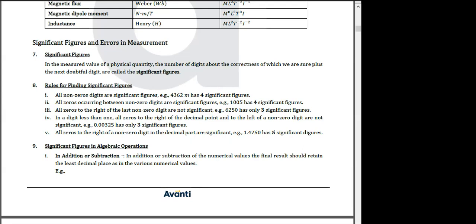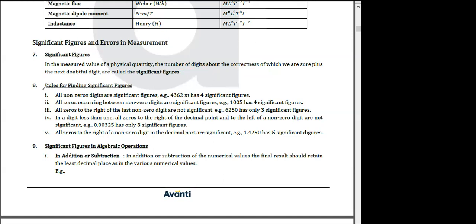Obviously, if someone asks you 100, we don't worry about significant figures in that. So what are significant figures? Basically, it is the number of digits about the correctness, meaning the digits that are correct, plus the next doubtful digit. We will see with examples.